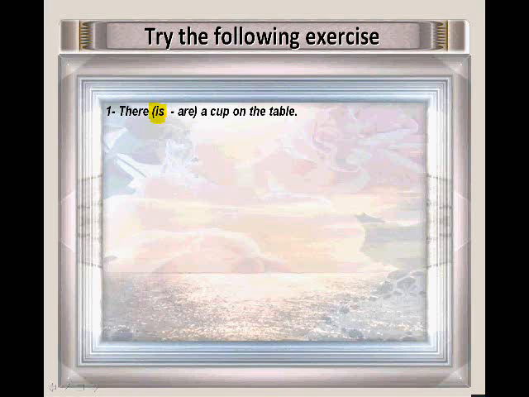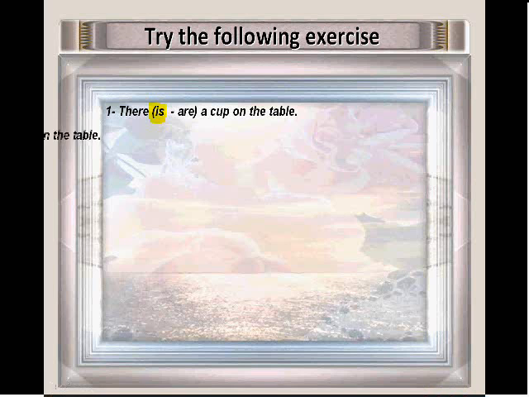Of course, a cup, yes, this is singular, so I have to choose a singular verb. So it will be: there is a cup on the table. Okay, and then sentence number 2: there is or are some cups on the table.